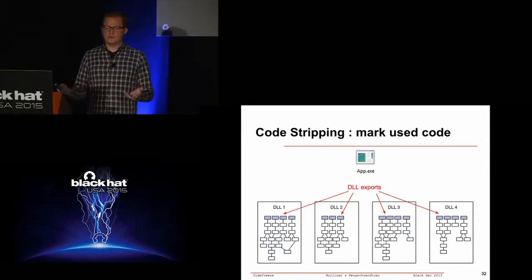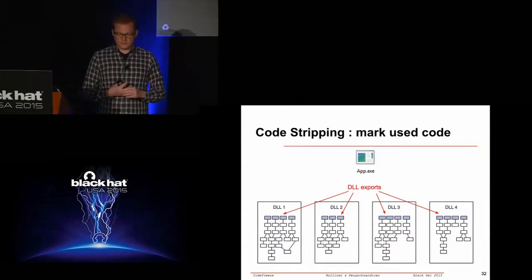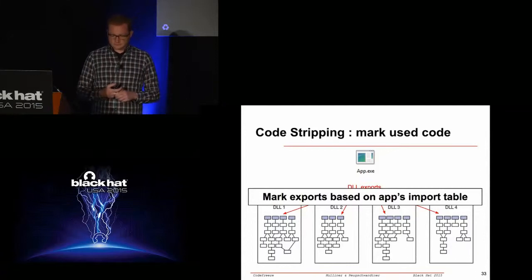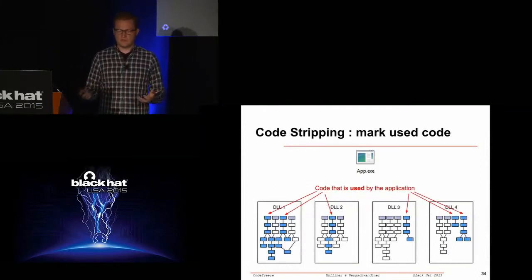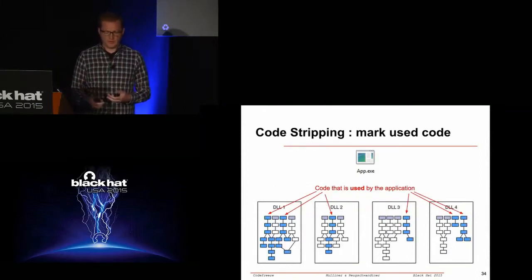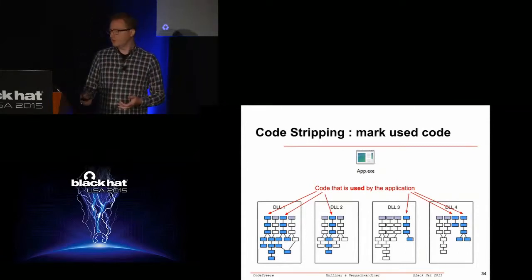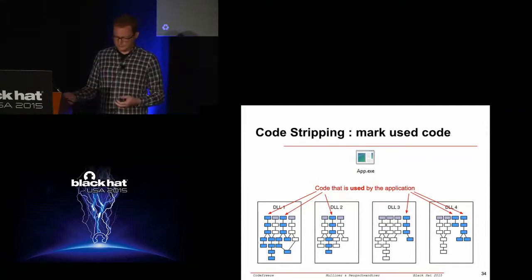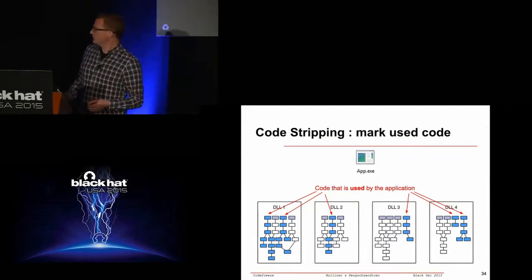Then, as soon as our tool executes, we look at the DLL exports and go through the application import table and mark all the different nodes and functions within the control flow graphs if they are used.